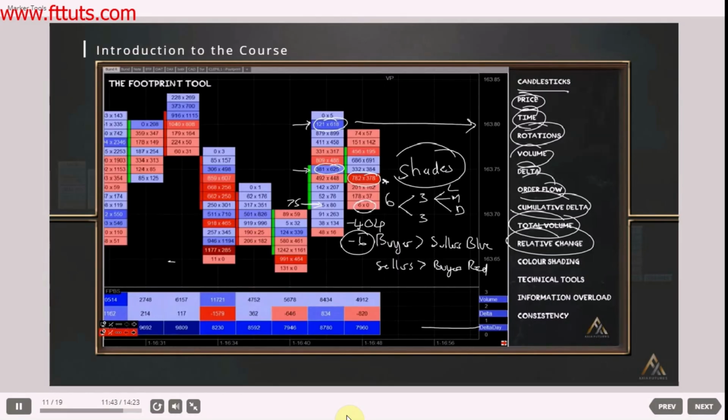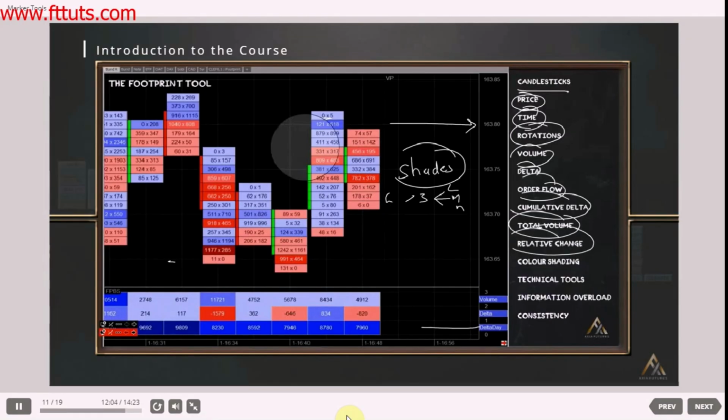So to summarize, blue is when there's more positive delta or more buying interaction at each price. Red is when there's more selling interaction at each price. The shades vary according to how much of an interaction, in other words, how positive or how negative the delta is.